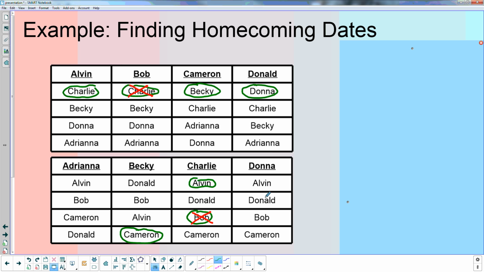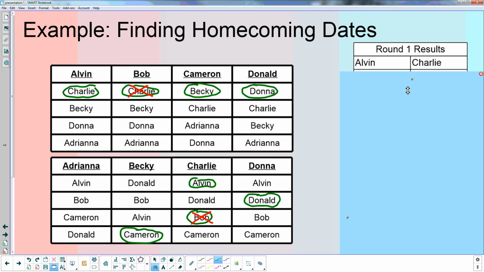Donna also only gets 1 proposal, that's from Donald, so she tentatively accepts that proposal. And after our first round of this algorithm, we have 3 pairings: Alvin to Charlie, Cameron to Becky, and Donald to Donna.